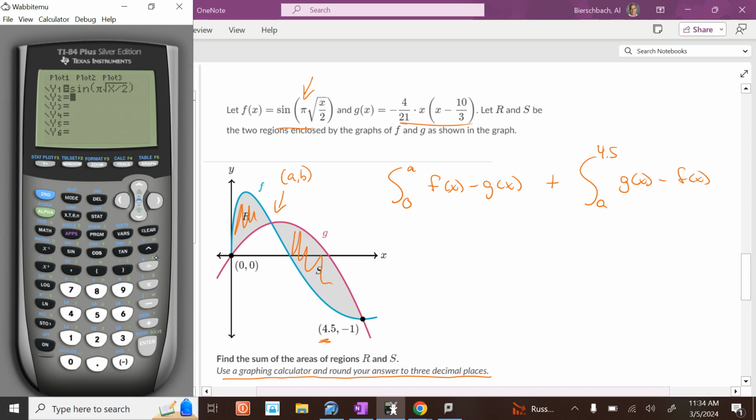That's our first equation. Our second equation is parentheses -4 over 21 parentheses times x, parentheses x minus 10 thirds.